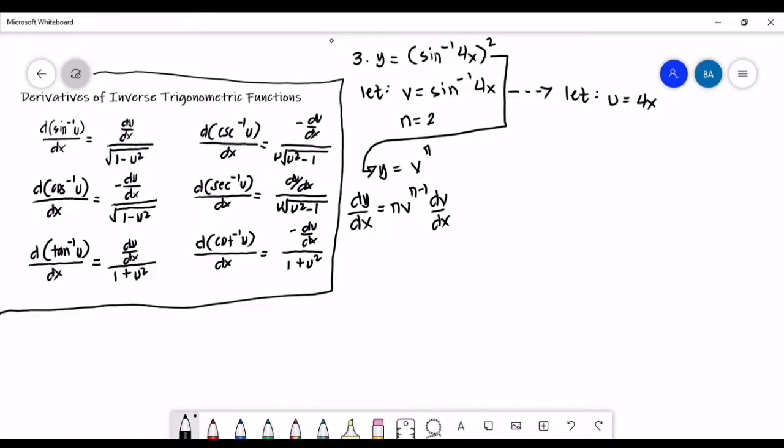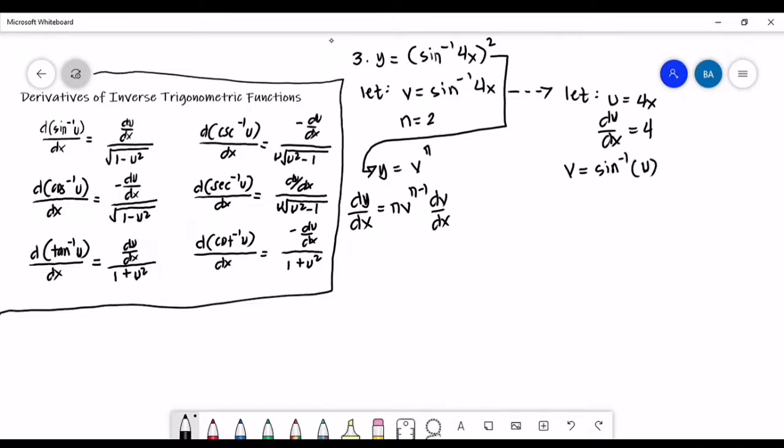So our du dx is equal to 4, and then if we rewrite our equation, v is equal to sine raised to negative 1 of 4x, this is equal to v is equal to sine raised to negative 1 of u.